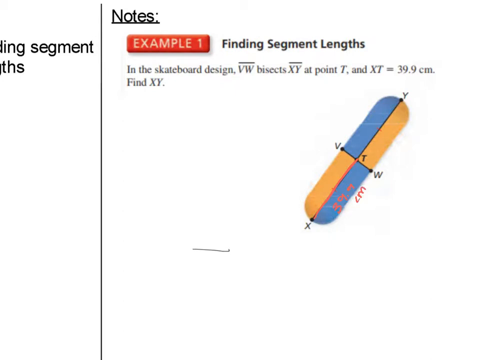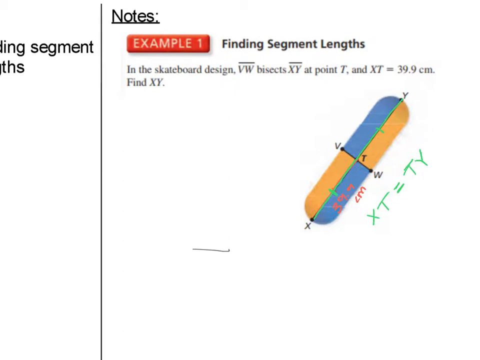And let's see what it's actually asking. Find XY. So XY is the entire length from one end of the board to the other. So using our definitions, remember we have these hash marks, which means XT and TY are of equal length. I did not have to put the segment bars above XT and TY because I have an equal sign. So if part of it is 39.9, XT, what's the entire thing?